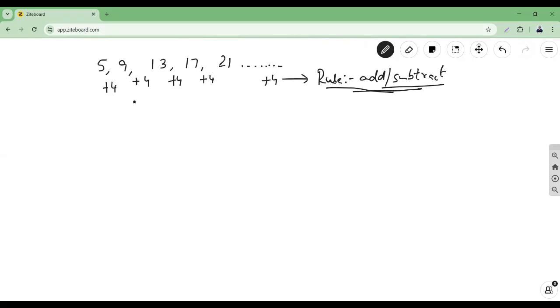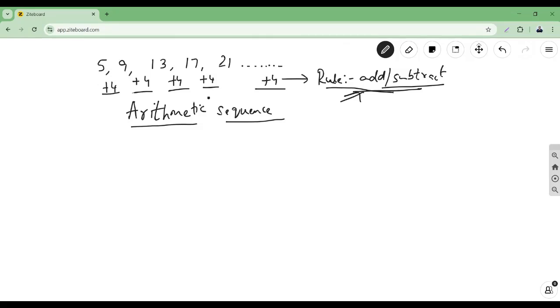Such sequences are called arithmetic sequences. See, arithmetic actually should mean addition, subtraction, multiplication, everything. But I don't know why they have used the name arithmetic only for things which add or subtract. Maybe some politics or something like that. I don't know. However, the point is, whenever the rule is of addition or subtraction, such a sequence is called an arithmetic sequence. Now, the above sequence is an arithmetic sequence.